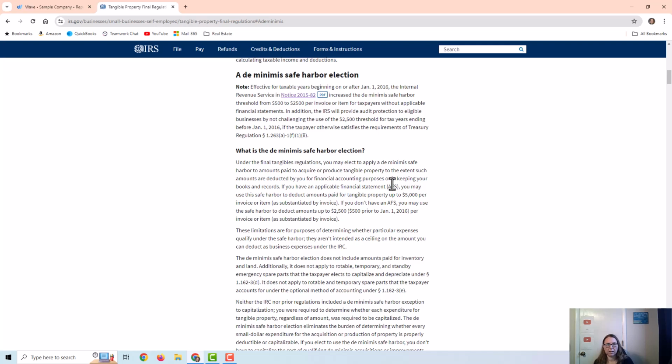I encourage you to talk to your tax preparer about this and just double check with them on whether you're supposed to apply this. But basically what it says is if you purchase tangible, real, or personal property, tangible meaning it's something physical, it's something you can move. If that item is under $2,500, instead of putting it on your books as an asset, you would put it on your books as an expense.